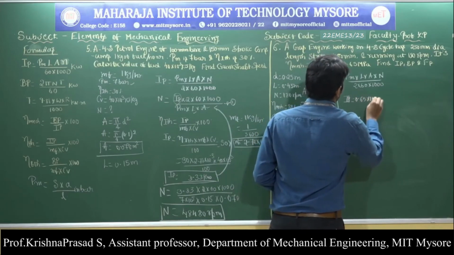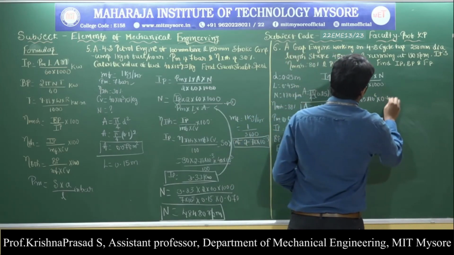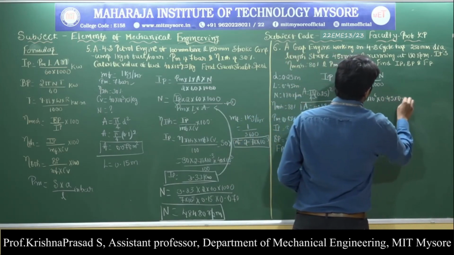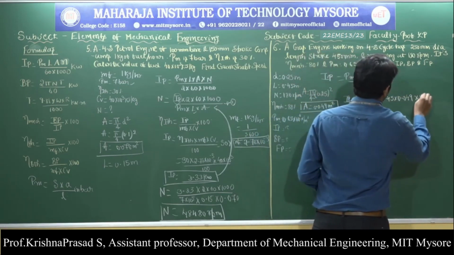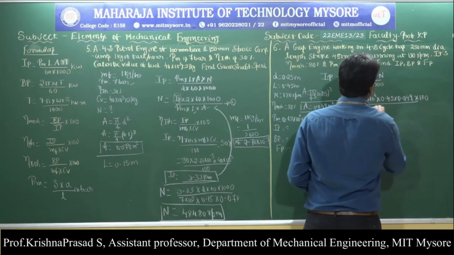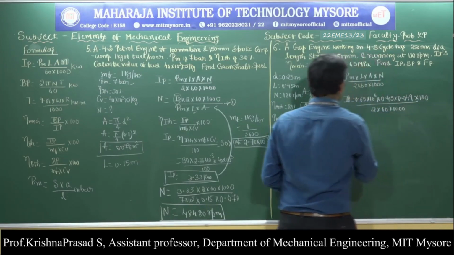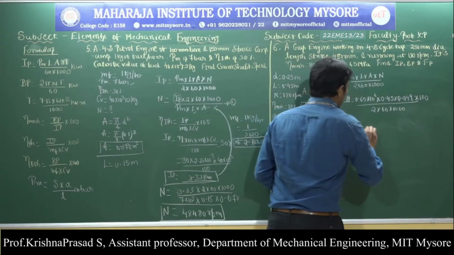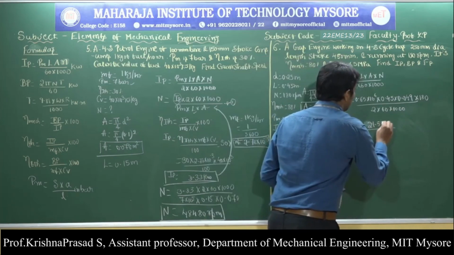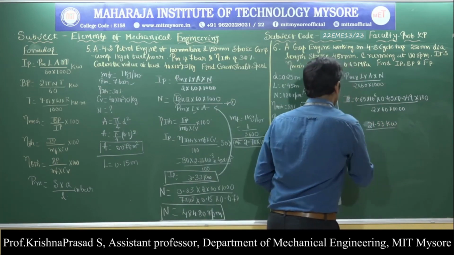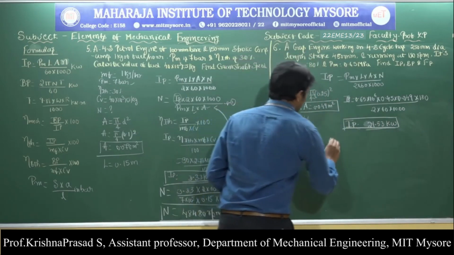PM is 0.65 into 10 to the power of 6, the value of L is 0.45, area 0.049, and crankshaft speed is 180 RPM, divided by 2 into 60 into 1000. So the value of IP we calculate is 21.53 kilowatt.